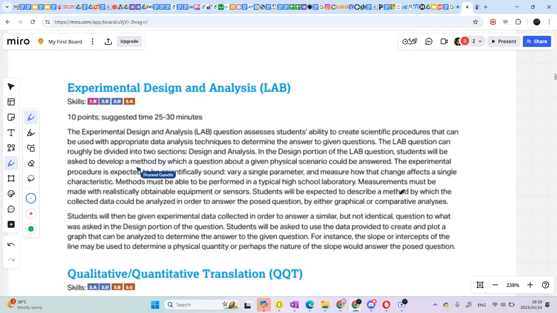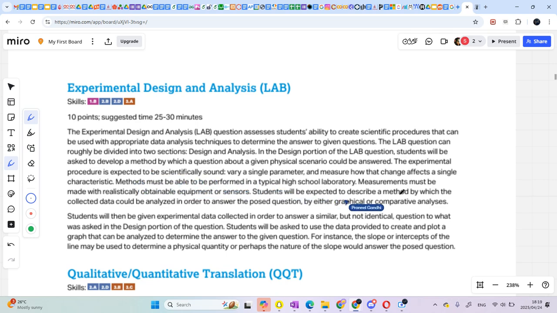So for design, you'll be asked to develop a method in which a question about a given physical scenario could be answered. And the procedure is expected to be scientifically sound, vary a single parameter, and measure how that change affects a single characteristic. So basically, you have your independent variable and your dependent variable following the scientific method.